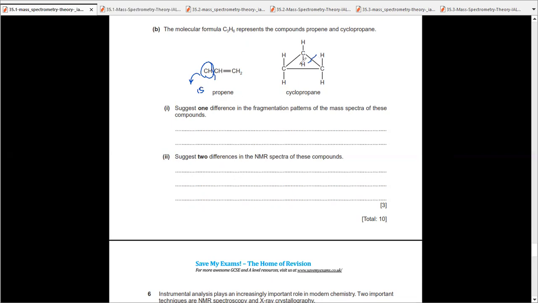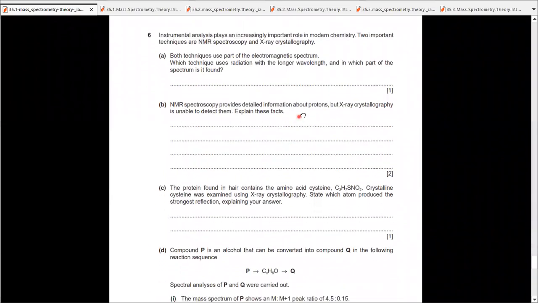You would have to break two bonds in order to break it into two different pieces, while in propene, breaking it apart into two pieces is very easy. Does that make sense? So talking about propene, CH3 as a radical, or the m/e value being 15, is a very good difference that you can state over here. It means the same thing. I hope you get the point. Since that wasn't clearly explained in the book, that's why I had to go through it. Keep that in mind.